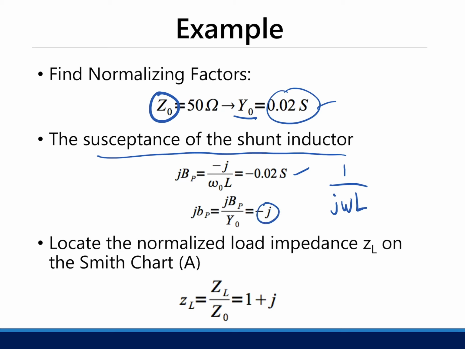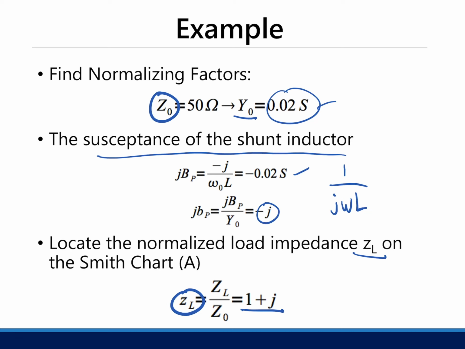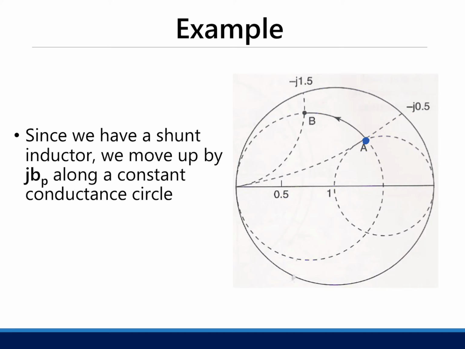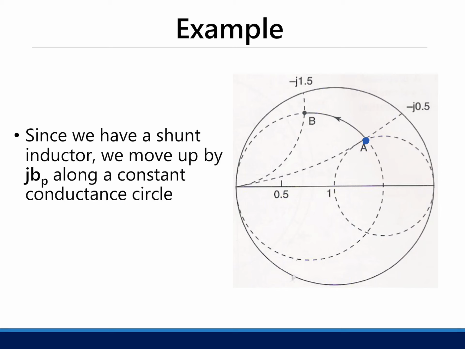Okay, and you locate the normalized load impedance ZL. So you normalize ZL first, dividing by Z0, and you get this value. Locate that. So it's somewhere here. It's 1 plus j, somewhere here. And you're going to add an inductor that is connected in parallel or shunted.